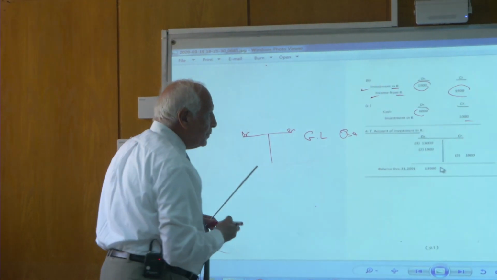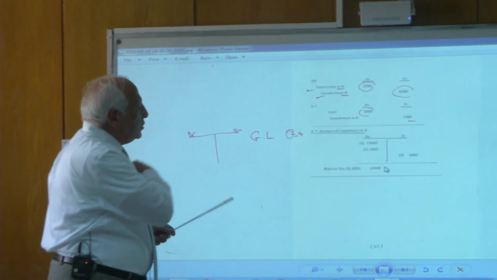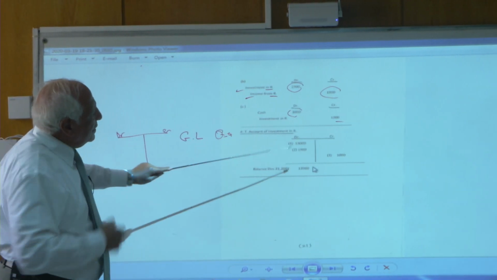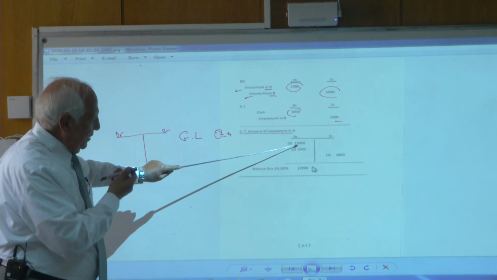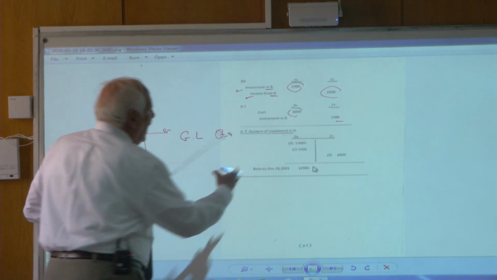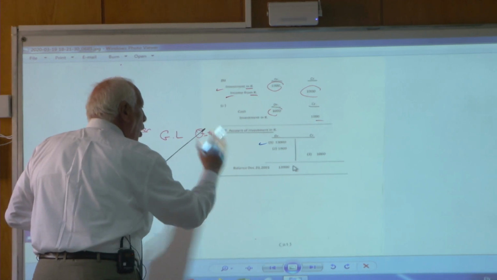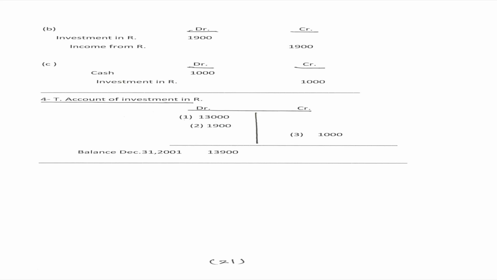Now, what you're going to do, if you look at entry number 1, debit 13,000. In equity accounting, always debit investment acquisition cost, and debit share of net income, and credit dividend.